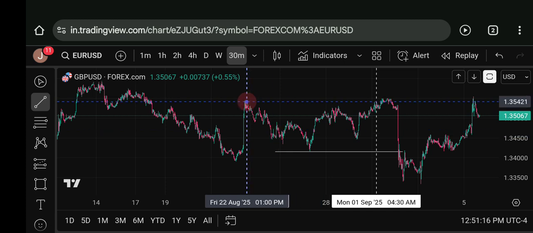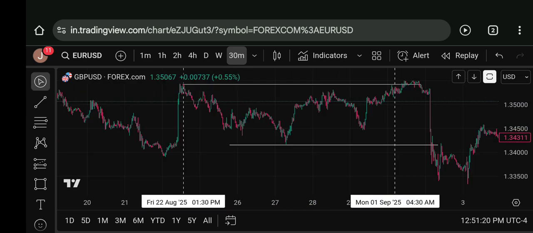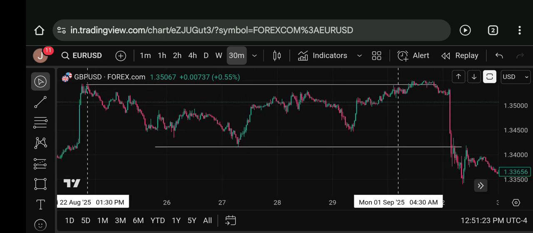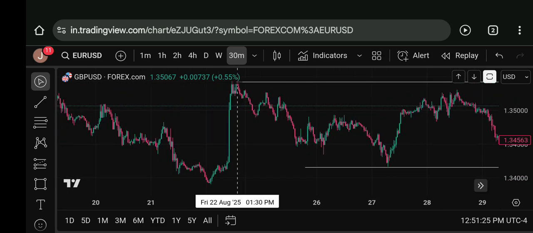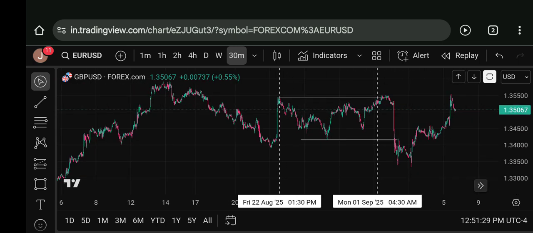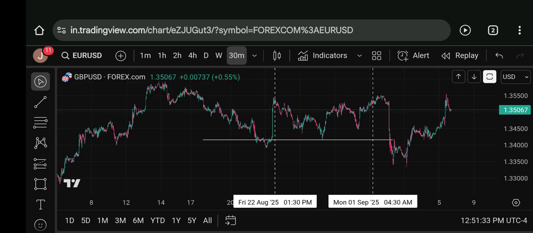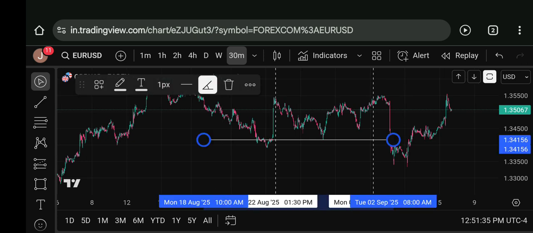It made a higher high here, by disrespecting the same 30-minute fair value gap, whereas Euro respected that 30-minute fair value gap, but the main objective is reached, that is the drawn liquidity is reached.